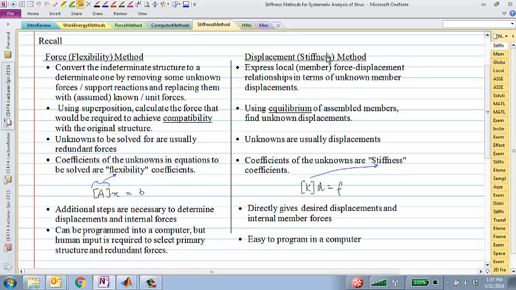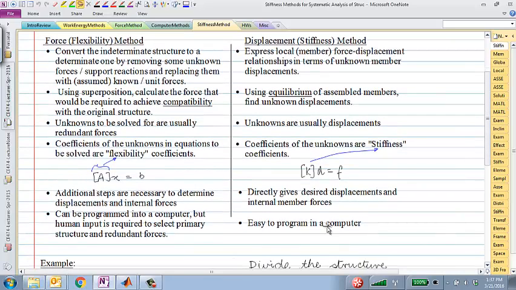No changes, no redundancies, nothing extra to calculate. It's exactly the same method that you would use to solve a determinate truss or an indeterminate truss. And therefore, it's quite easy to program in a computer, the program which I will actually give you, and again, expect you to be able to use it and to make small modifications to it as needed.